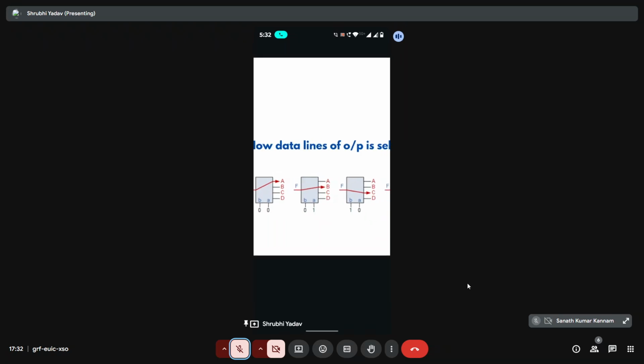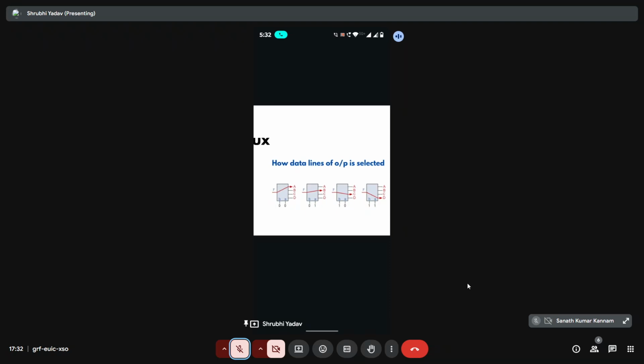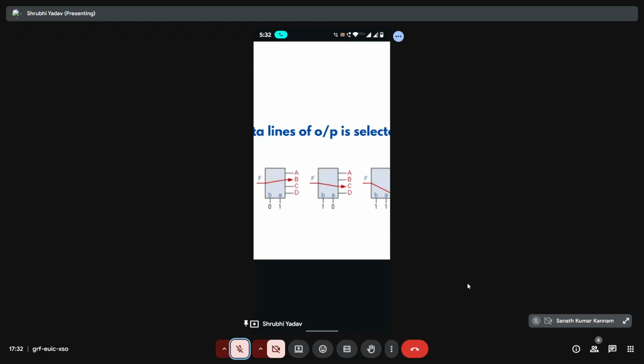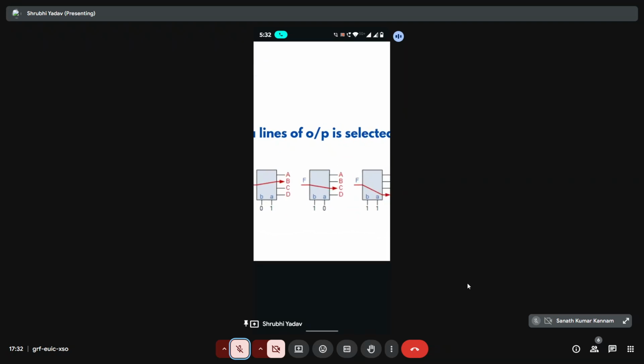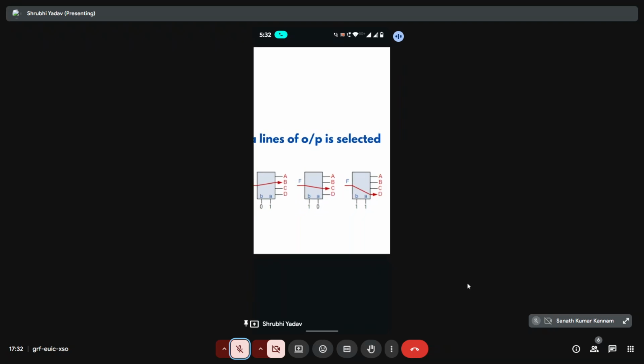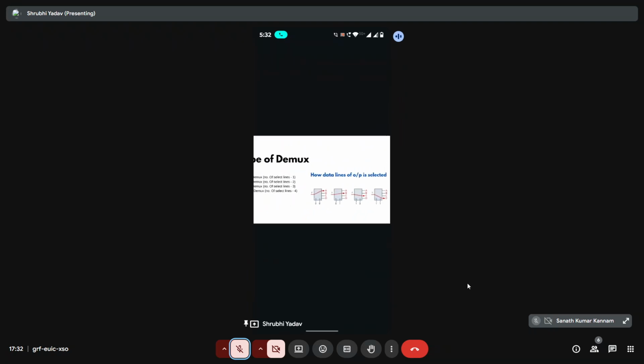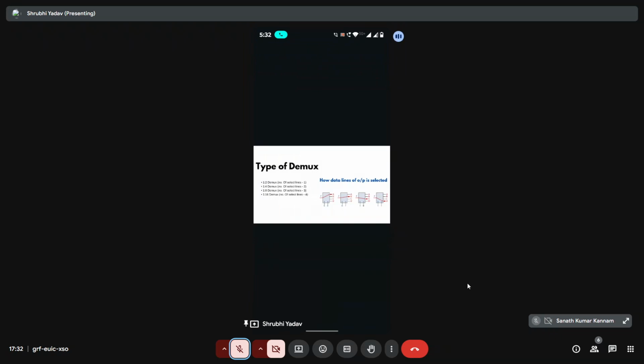Second, when the select lines are 0 and 1, the second output is selected, that is B. Third, when the select lines are 1 0, C is selected. And at last, when both are 1 1, D is selected. This is how DMUX is working. According to the select lines, this is how the data is transferred.